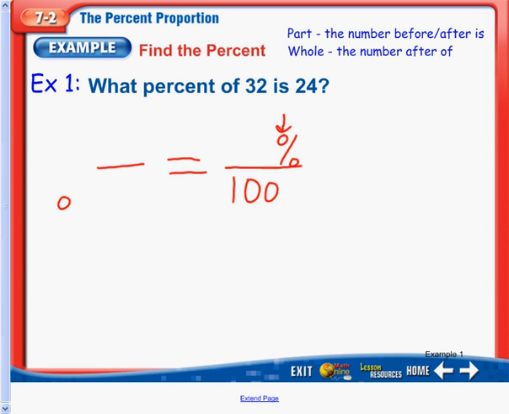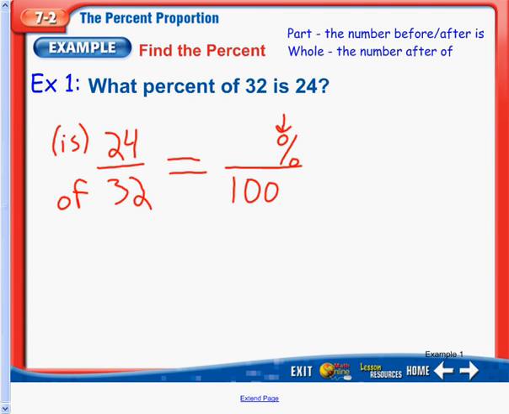On the bottom left, we have "of." Now that we have everything written out, we'll read through the problem: what percent of 32 is 24? Right after "of" is 32, so we know that is our whole. Then 24 is going to go on top. A key word with 24 is "is."